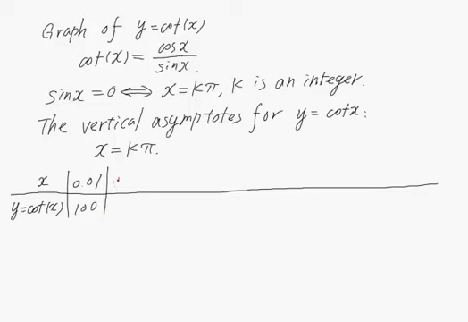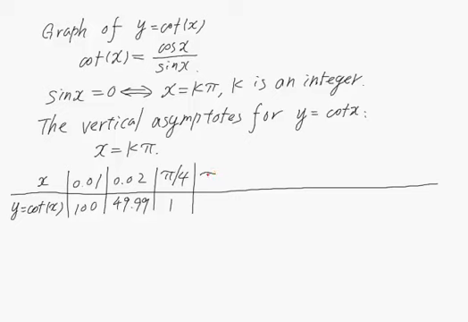If x equals 0.02, then this is equal to 49.99. If x equals pi over 4, the y value is equal to 1. Cotangent of pi over 4 is equal to 1.